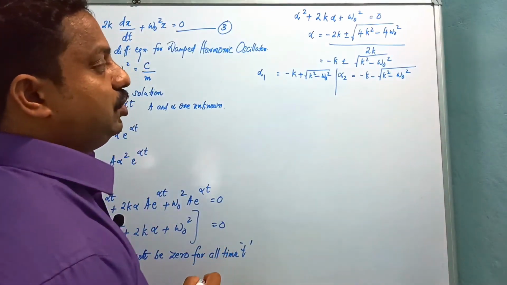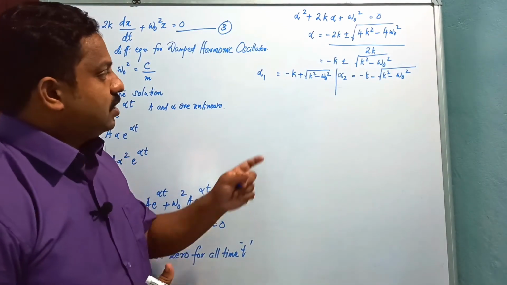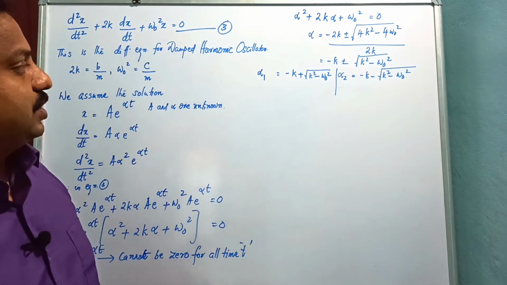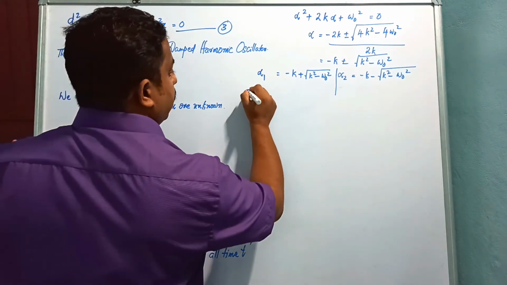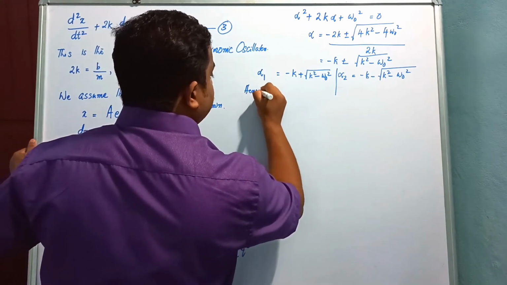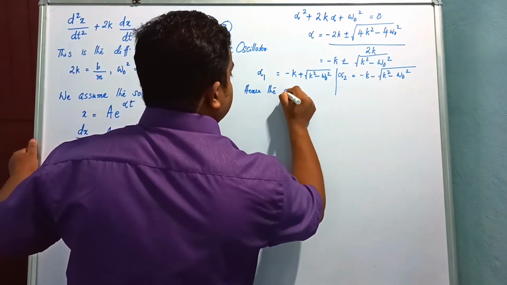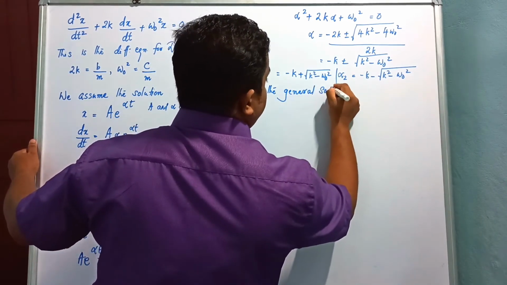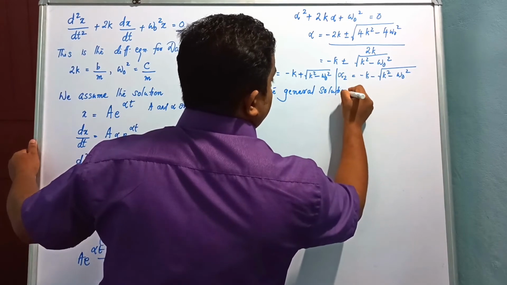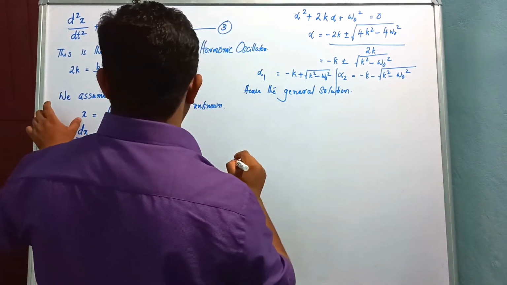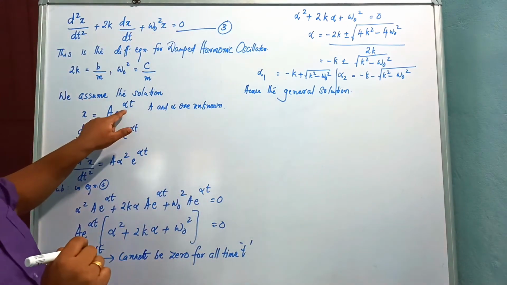So alpha is having two values here. Hence we can write a general solution for this differential equation in terms of alpha values. The general solution of this differential equation is x is equal to a e raised to alpha t.